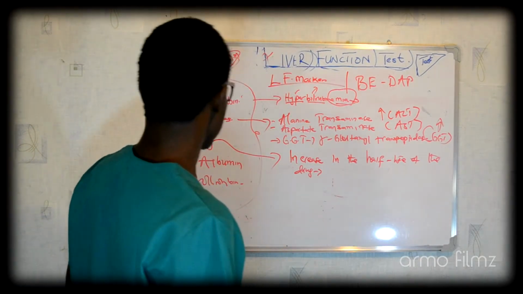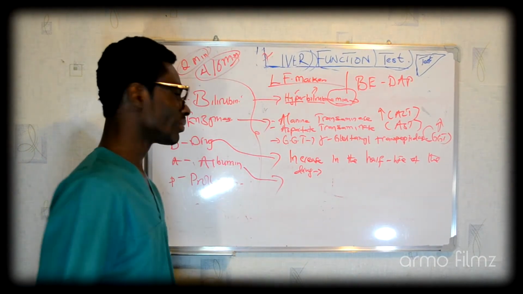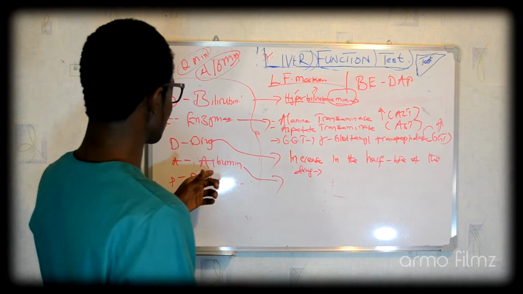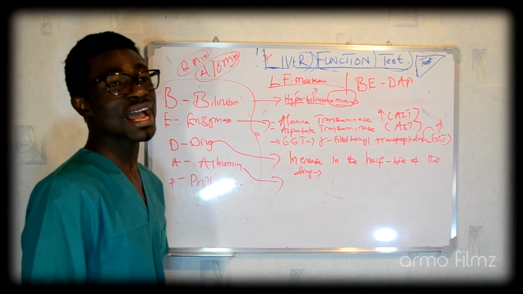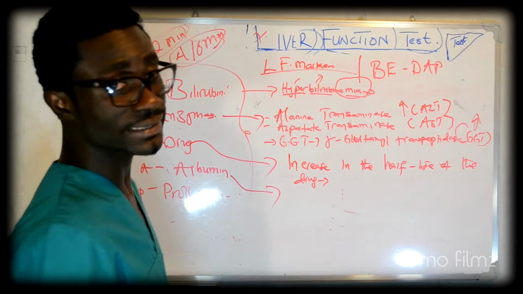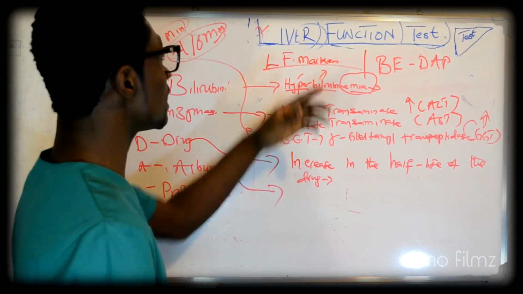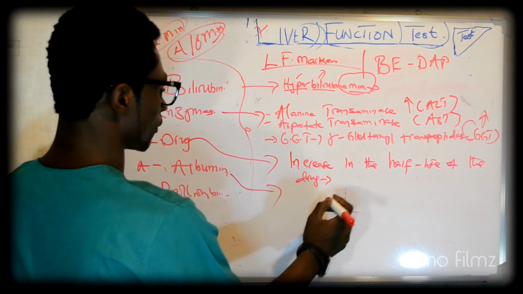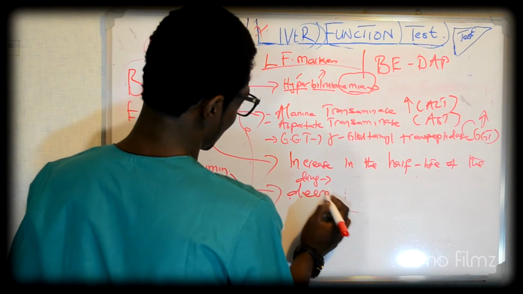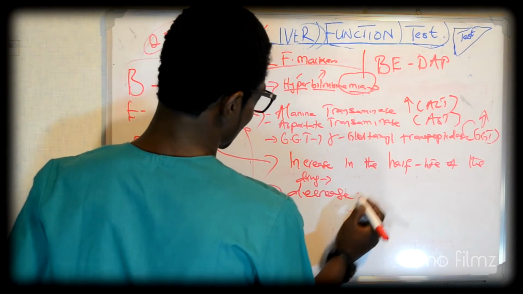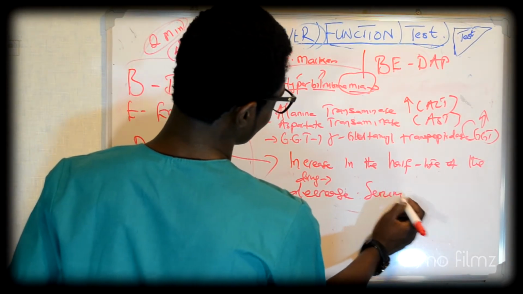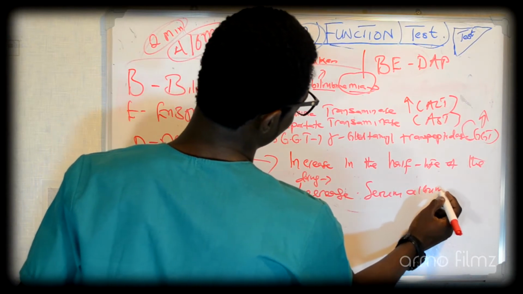Now albumin. As we all know, the liver is the site of albumin synthesis, you understand? So what do you see if the liver is affected? There will be a decrease in serum albumin. You understand?